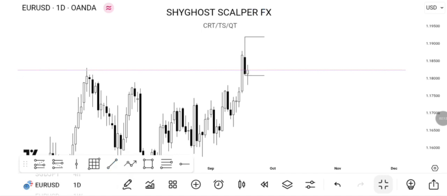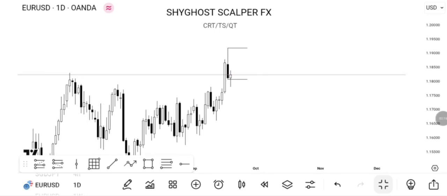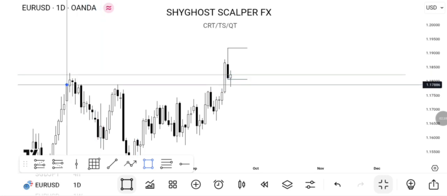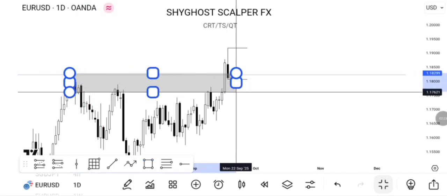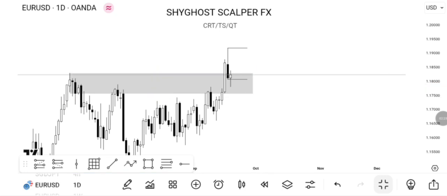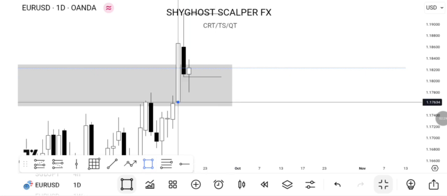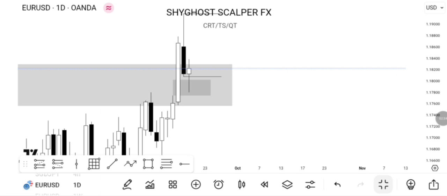So now I need to find a key level, right? So this is a breaker, daily breaker. I can use this as my key level. And another key level that I can use is what? This FVG, daily FVG, right?